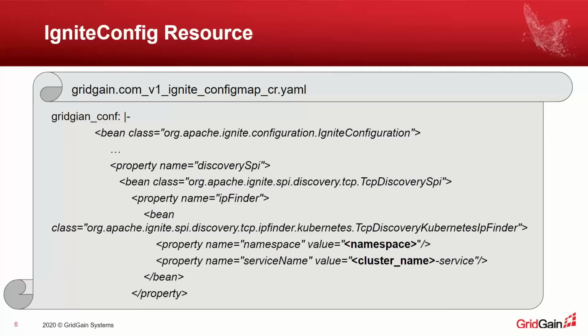You might also notice two placeholders for namespace and cluster name arguments, and these placeholders would be replaced by the GridGain operator automatically from the values that were previously set in the Ignite resource.